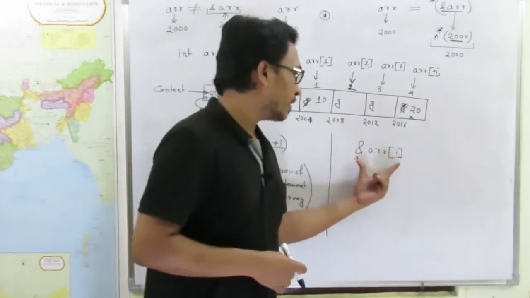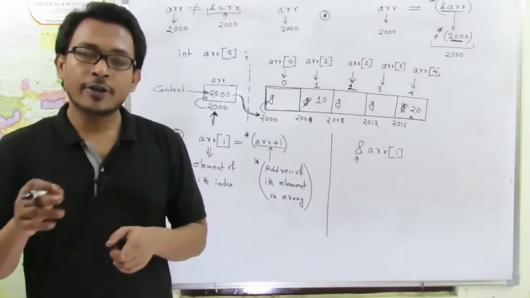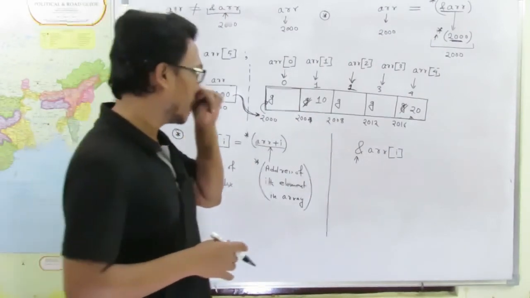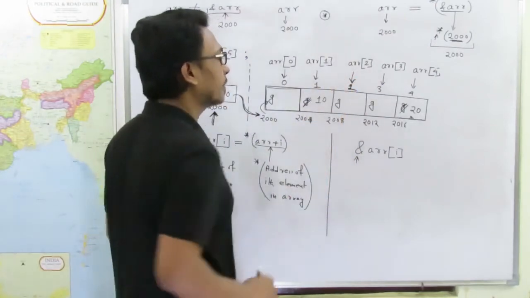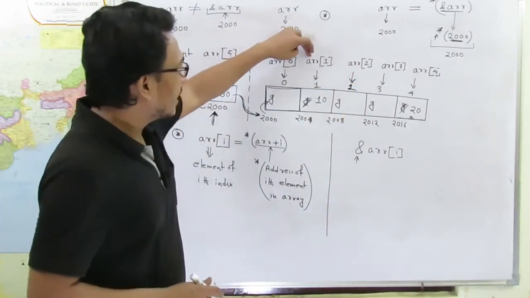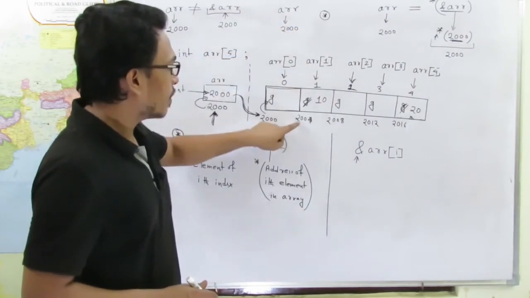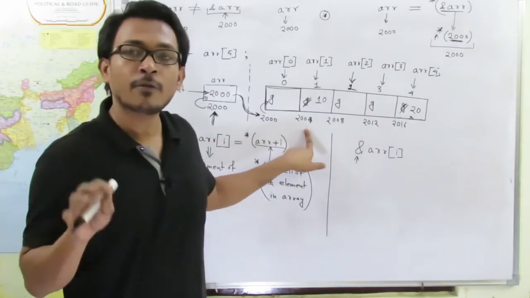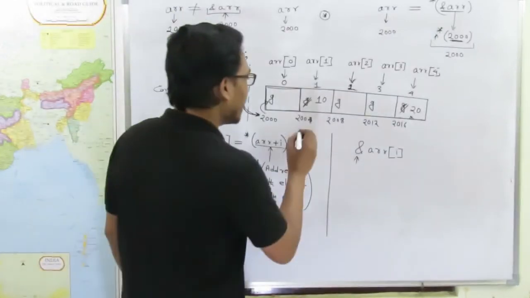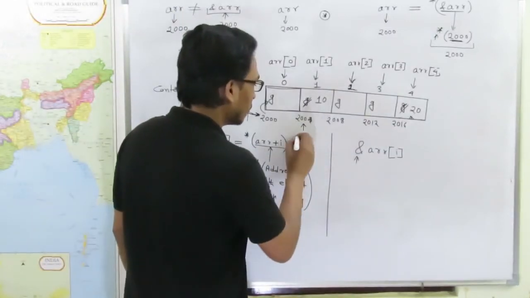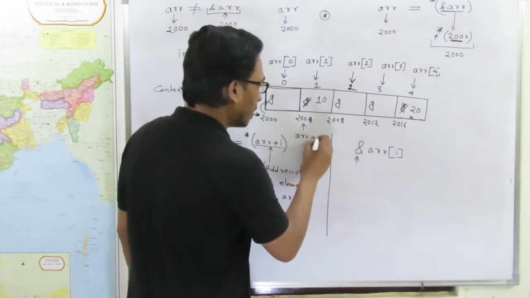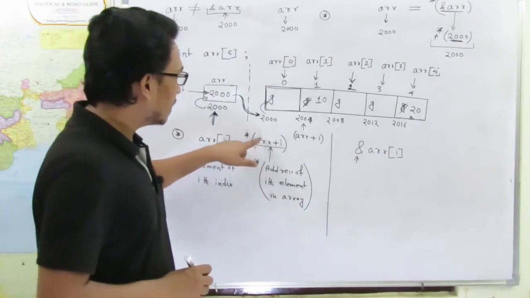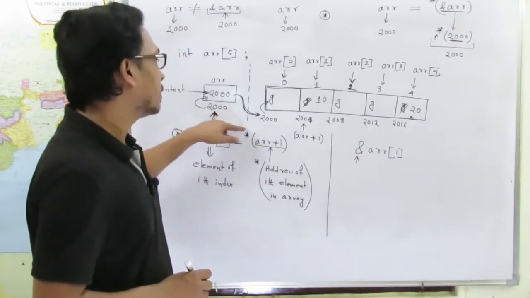Now if we convert this particular notation into the equivalent pointer notation, what will the notation be? Now look, in this particular example, what is the address of ARR[1]? The address of ARR[1] is this one. And how will we get this particular address? With the help of pointer notation. With the help of pointer notation, we will get this location by simply using ARR plus its index. Clear? Look here, we are using ARR plus I and then using the indirection operator.